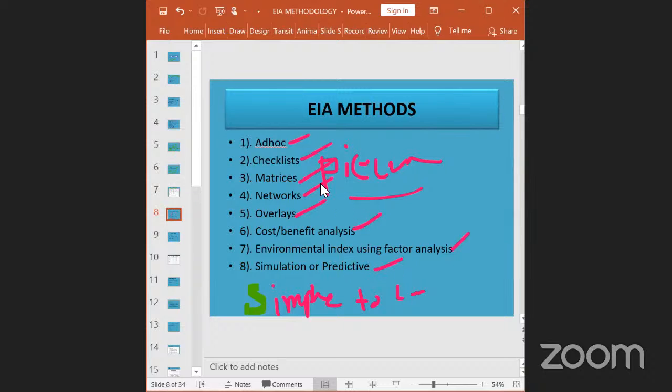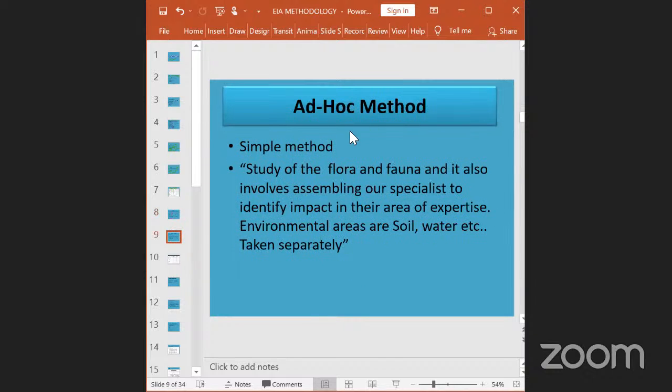So these are the 8 methods in the EIA, which are used for identification of the impact of various development activities on environmental issues, right? We will discuss all these methods one by one. First one is the ad hoc method.